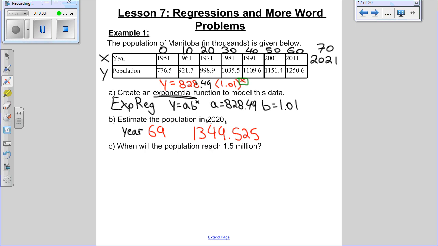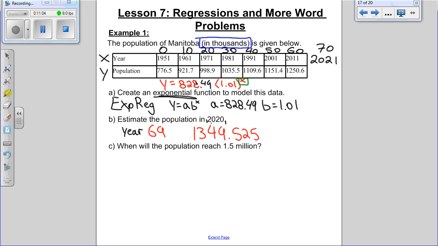What is my answer for population? Read that question and see if you can figure out what the answer is. The key word in there. Yes. In thousands. So that means you need to add 3 zeros to that thing.